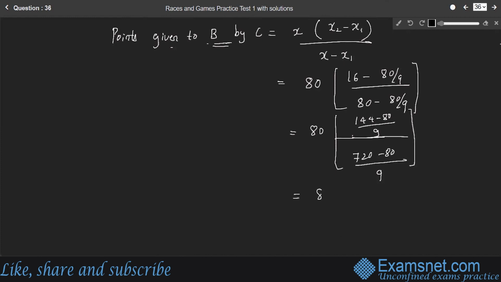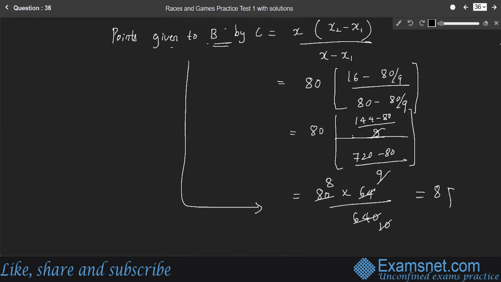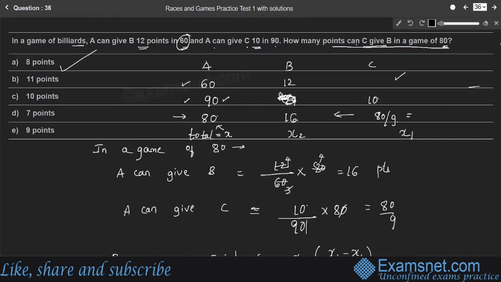Here 9 and 9 get cancelled. So 144 minus 80, which is 64, divided by 720 minus 80, which is 640. So 64 into 10 and 10 into 8. In a game of 80, points given to B by C is 8 points. How many points can C give B? 8 points. Option A is the right answer.